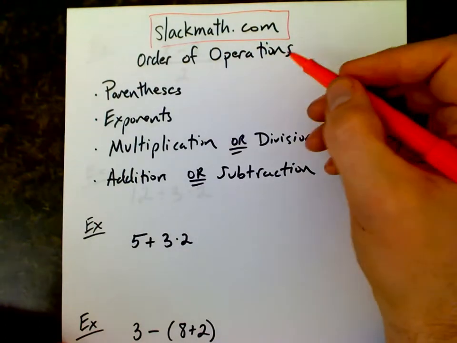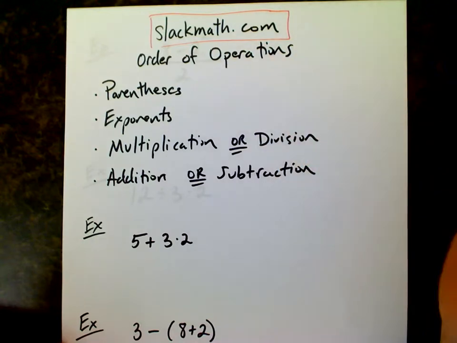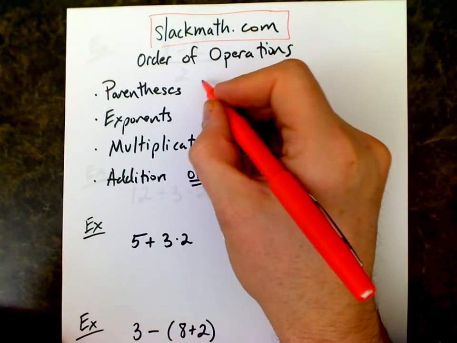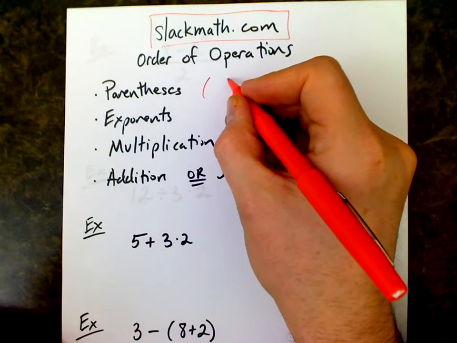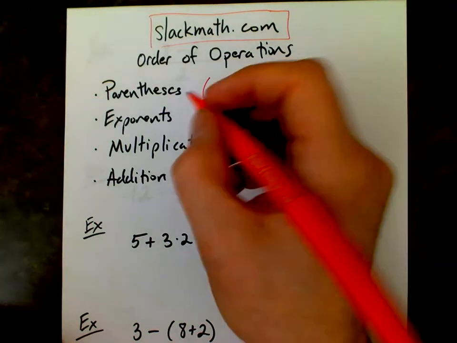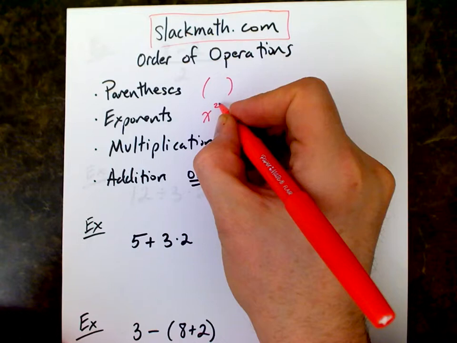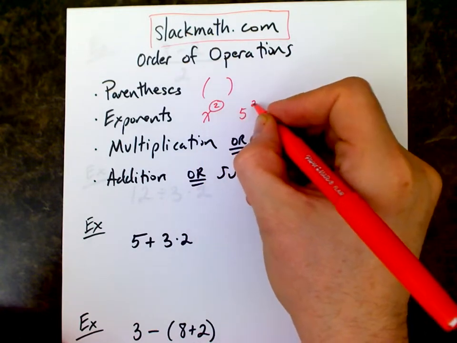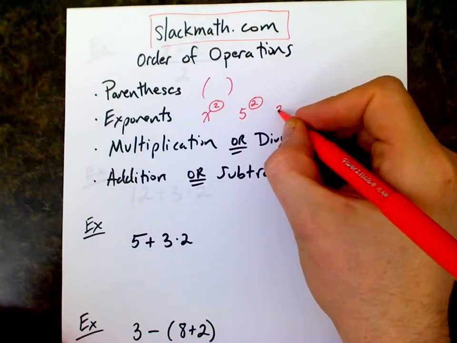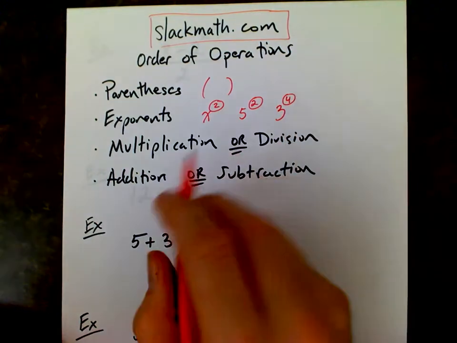So in order to use the order of operations, you need to use something here called parentheses, exponents, which are those little numbers up high, 5 squared or 3 to the 4th power.